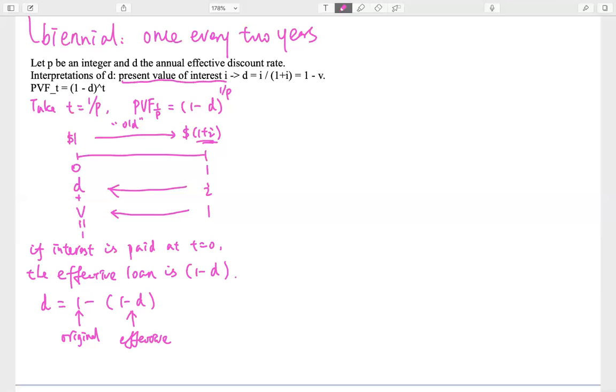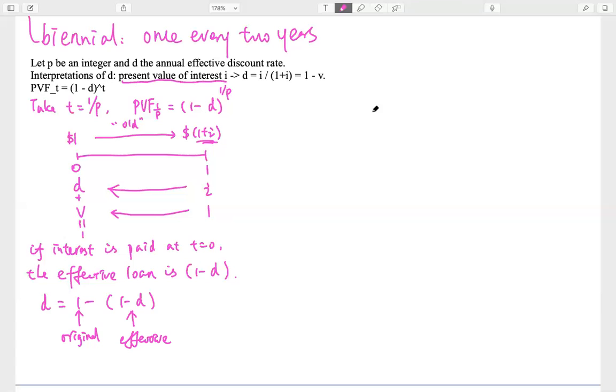So 1 minus d is the amount of money you walk out of the bank with. When you walk out, you have 1 minus d in your pocket, but on paper you are obligated to pay back the bank $1. So the difference is your cost, right? That's another way of understanding the discount rate.